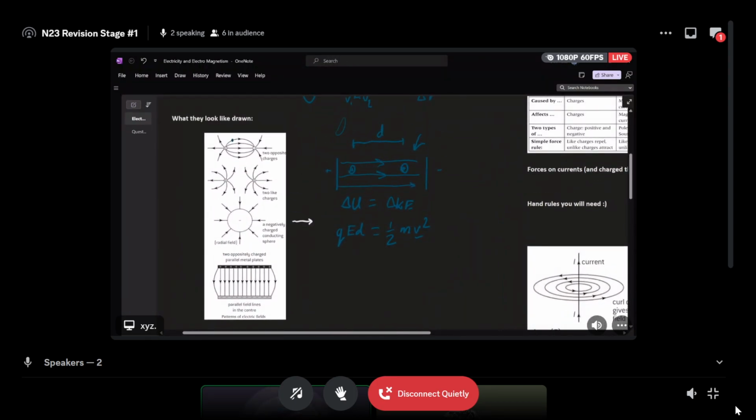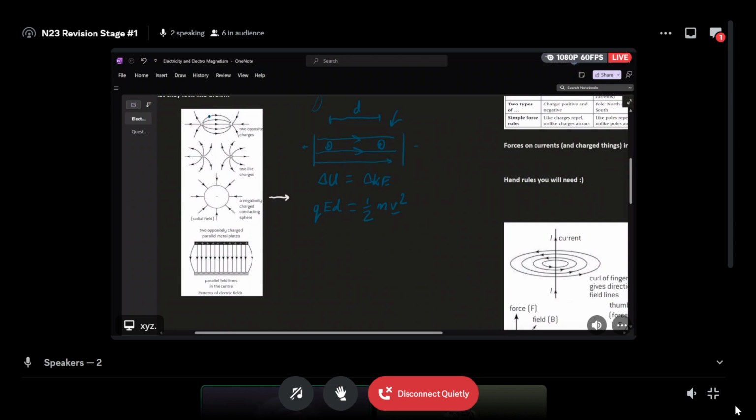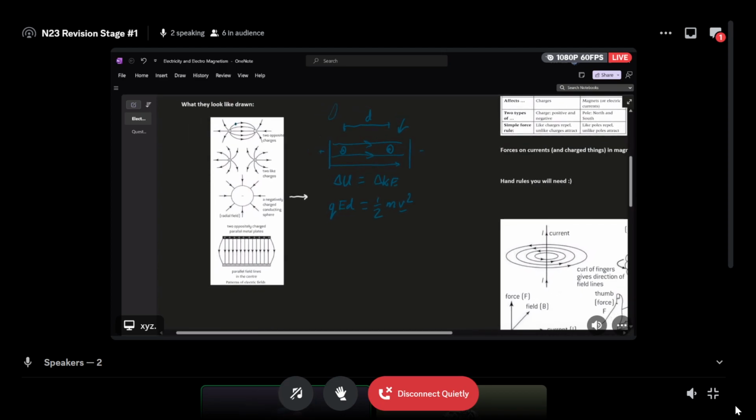And then I had something important to say here about electric fields around spheres. I remember there was one question about this, but it's quite tricky, and I don't know if it's going to be kept in the new curriculum or if it will come up anytime soon.